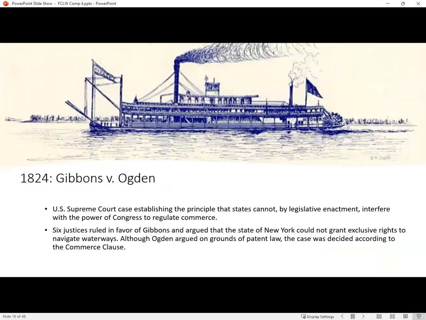And so Gibbons took it to court, saying Congress should be able to regulate the commerce, and New York should not have the right to do this and exclude people from using the waterways. Ogden argued on patent grounds, but the case was decided according to the Commerce Clause, which gave the federal government supremacy. So Gibbons won, and he could use the waterway.